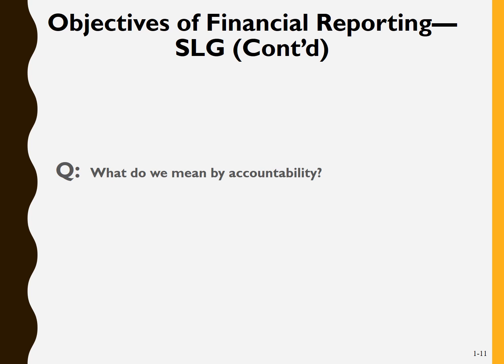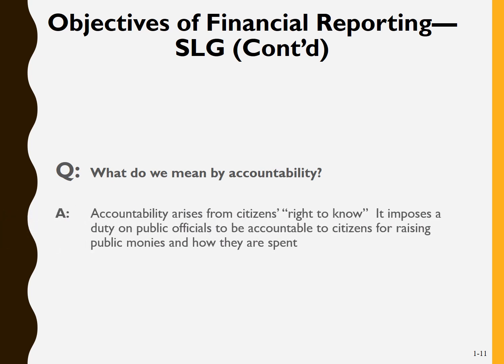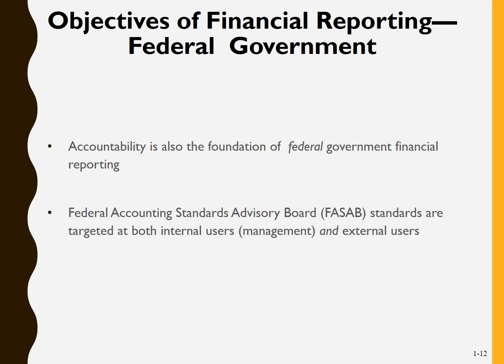It's the very first section of the GASB statements, and what we mean by accountability is that it comes from our rights as taxpayers and as citizens to know what's going on. It imposes a duty on public officials to be accountable because they're taking money through taxation, and that taxation is not optional, and how that tax money is spent.